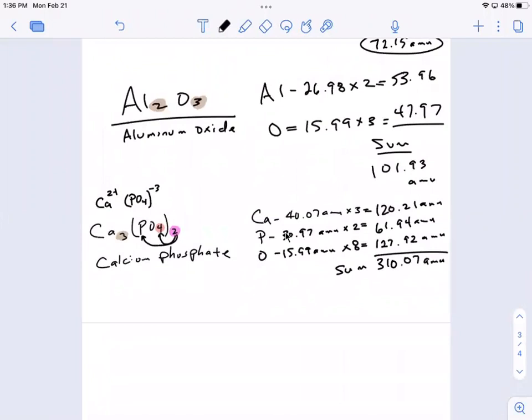This is a very important concept to understand, because when we're doing lab, and especially when we get to the limiting reactant lab and all of those labs like that, they rely heavily on you being able to calculate the molar mass of a given compound. All right. Any questions so far? Everybody still on the boat?